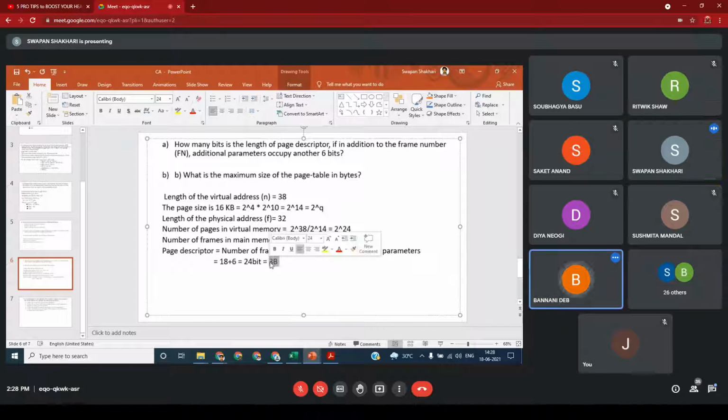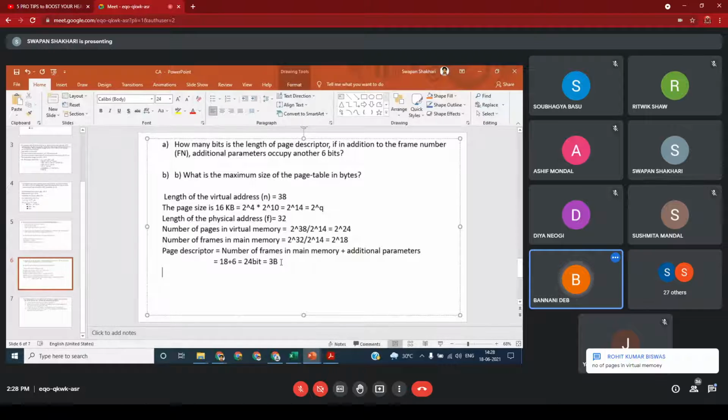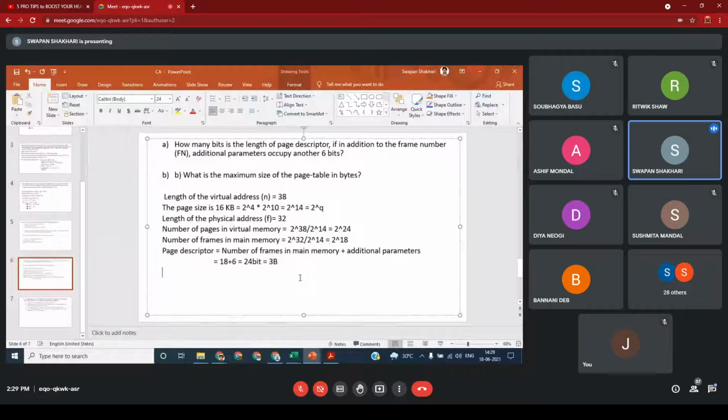Sir, so it will be 2 to the power, 3 bytes, right? Okay. So for the page descriptor, we need this much. So how many pages do we have?